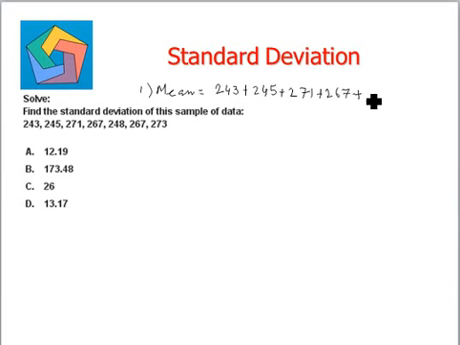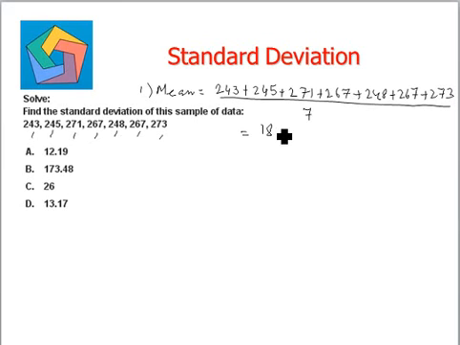So let's write down all the numbers with a plus sign in between and divide it by the count. How many? 1, 2, 3, 4, 5, 6, 7. So when we total them up, this gives us 1814 divided by 7, which is equal to 259.14. This is our mean.